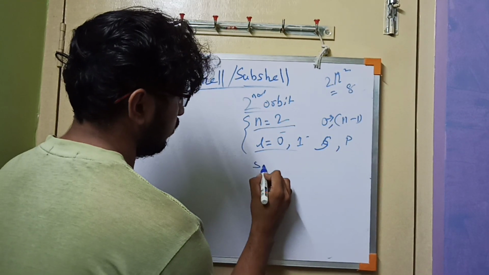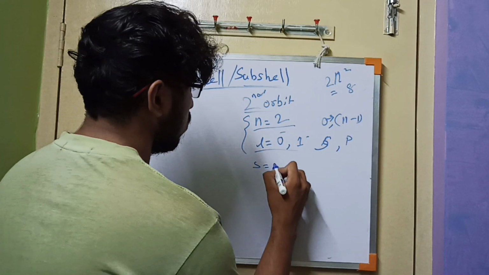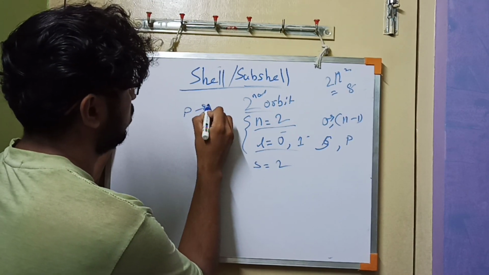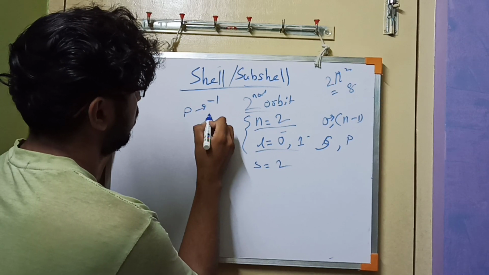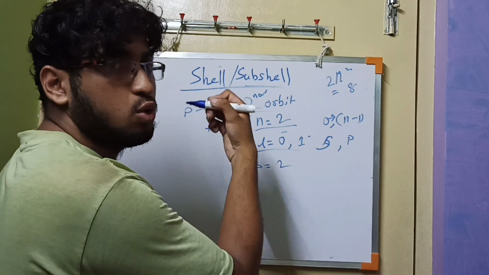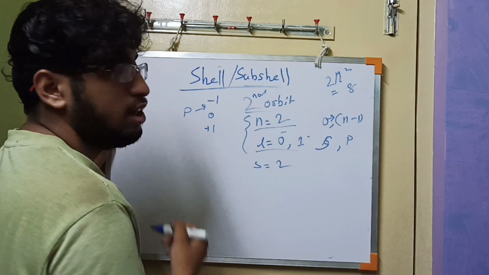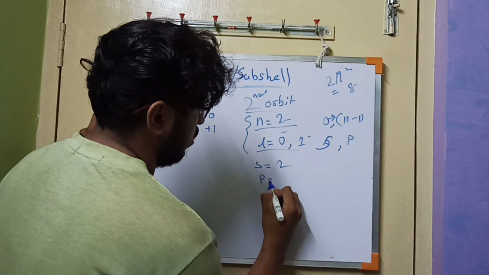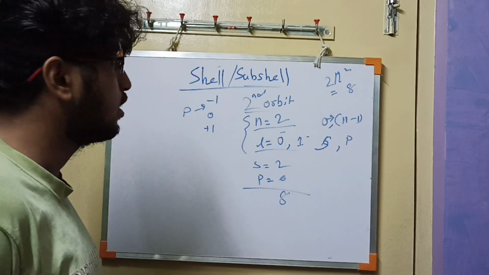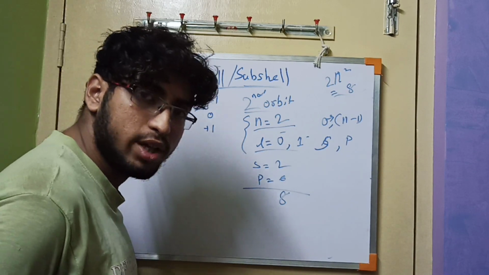S has just one value of m and total electron of 2, and P has three values, that means -1, 0, +1, the three values of m, and each value contains 2 spin quantum numbers, and total there will be 6 electrons in p orbital, total 8 electrons. That is in case of second orbit. That justifies the formula 2n square.